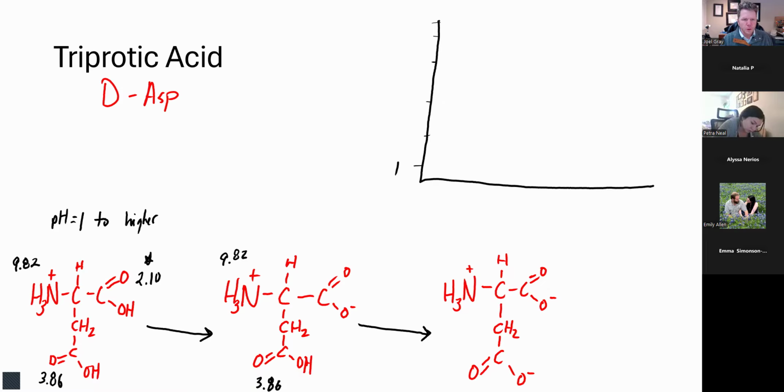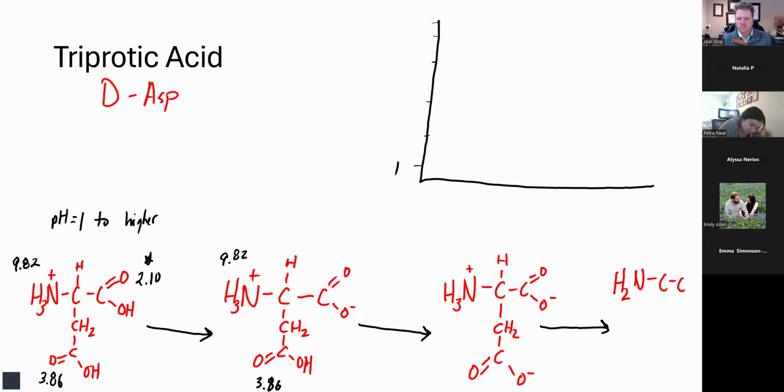Now I'm going to continue adding base, adding a strong base so that I can deprotonate the last group I need to deprotonate. The last group that I need to deprotonate is my N-termini. And whenever I deprotonate my N-termini, it goes from NH3 plus to NH2.